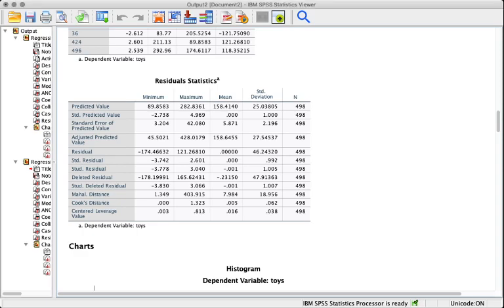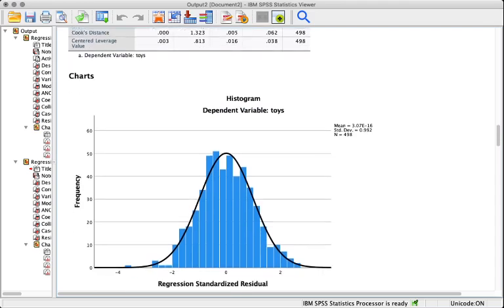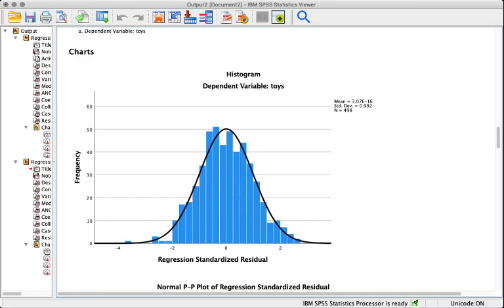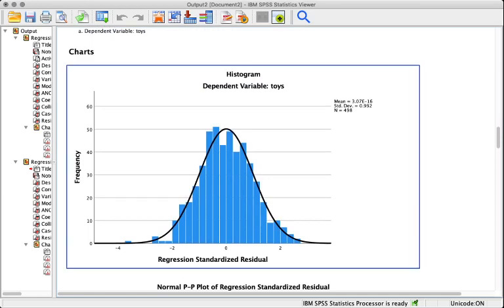Okay. So the next thing we have is some charts. This first one is making a very nice bell curve, and this is the regression standardized residuals. This is essentially the error term, all the error. A residual is just a measurement of error.